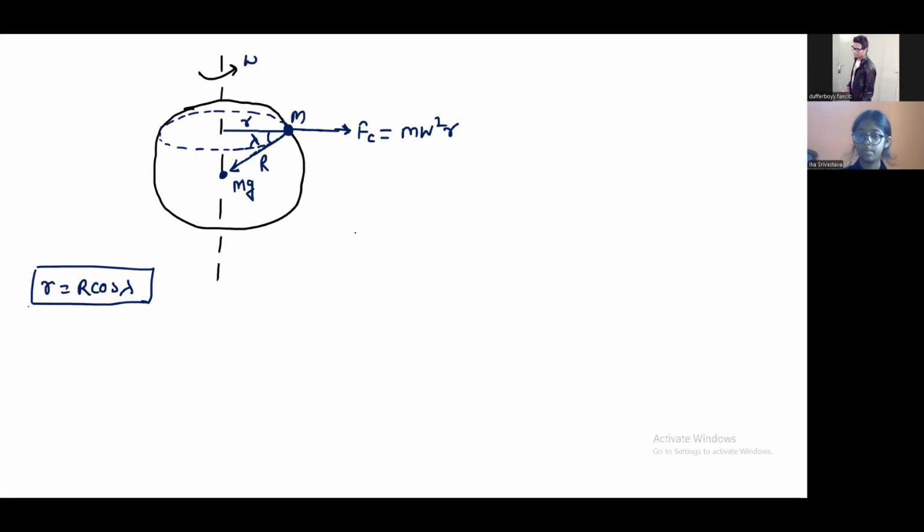Now if anyone asks you what the resultant force is, we can say the resultant force is mg dash, because the g value changes. So we can write mg dash is equal to the square root of (mg) square plus Fc square plus 2 Fc mg cos lambda.